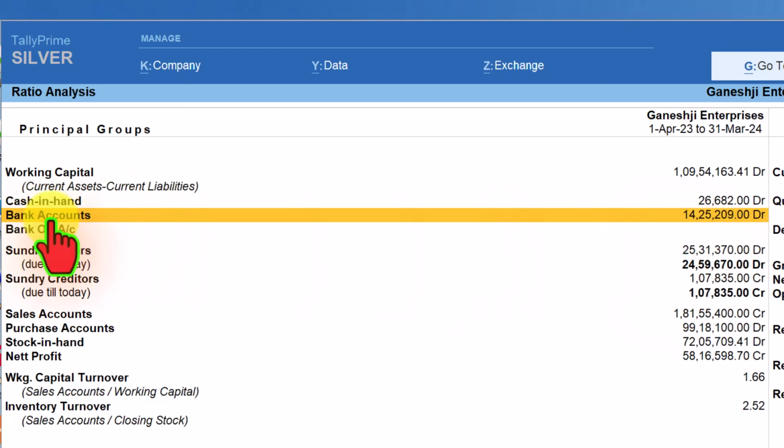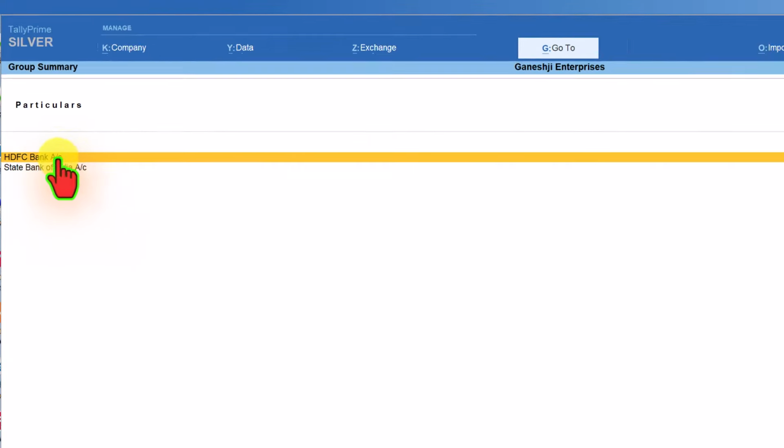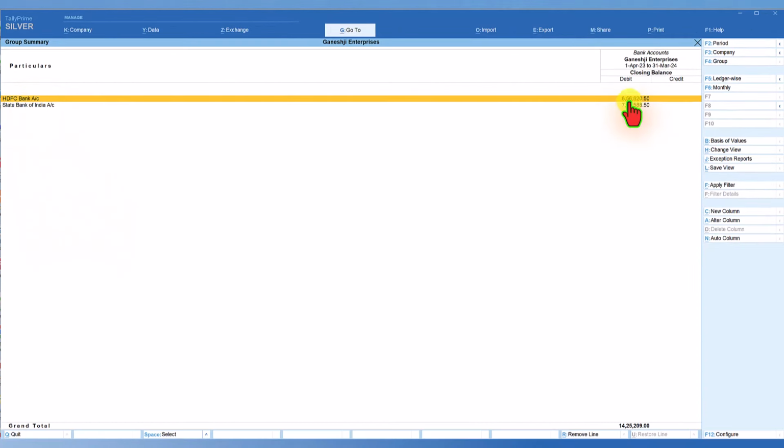For example, it says bank account, there is a bank balance of 14.25 lakhs. If you want to see the detail, all you have to do is click on this and you will get the balances. This company has accounts in two banks and both the bank balances are depicted here.